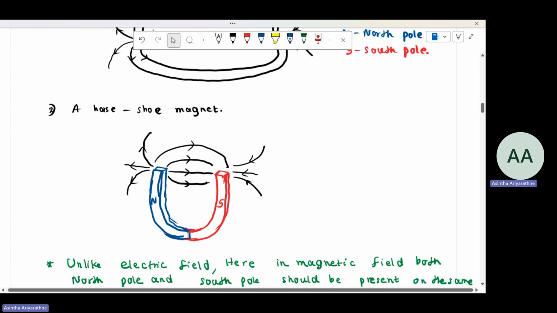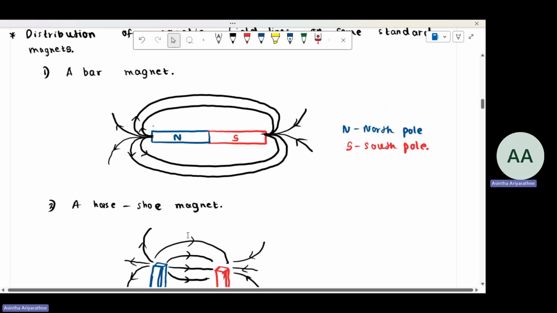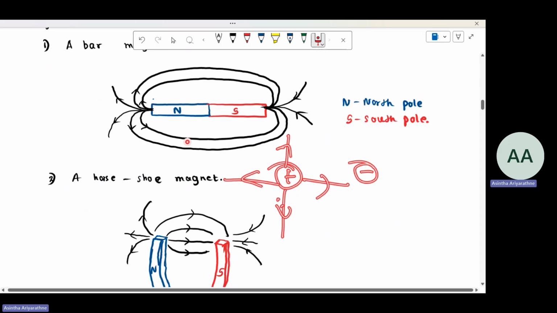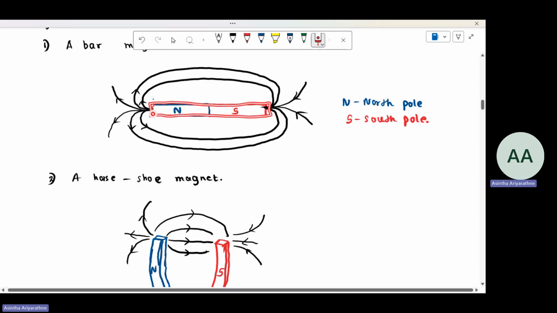Unlike in an electric field, where a separate positive charge or negative charge could generate an electric field around it, here there cannot be a sole north pole or south pole.